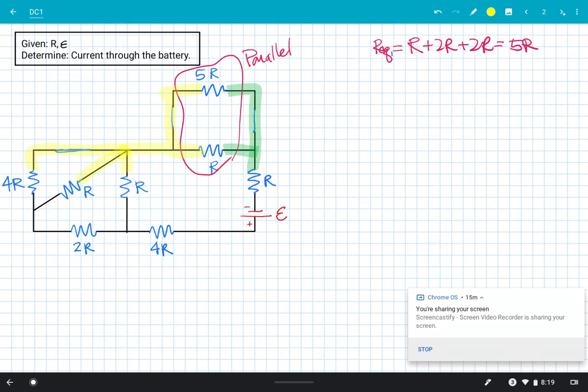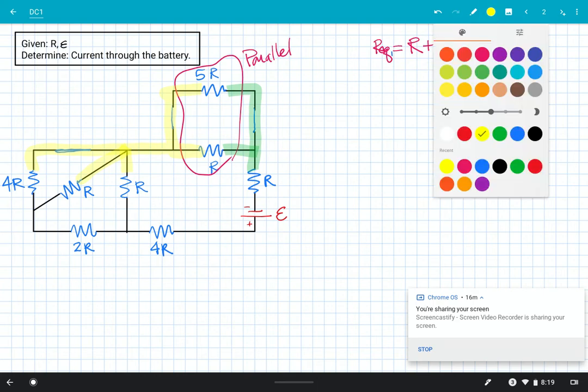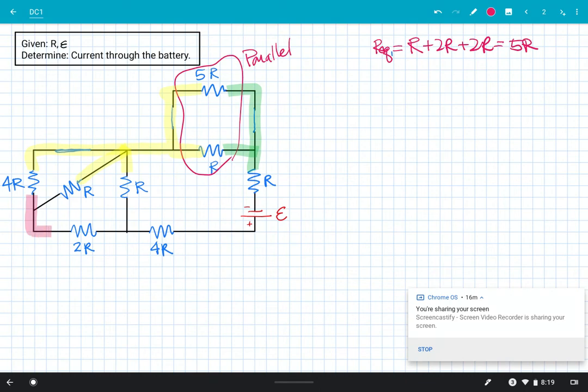That's a potential value, but we're thinking about it as elevation. If we're thinking about potential as elevation, then the way to consider these components, be they resistors or batteries, is as stairs, because they connect sections of different elevation. Regardless, this 5R and R resistor both go from green to yellow, so they are in parallel. Let me grab another color, and I'll shade this right here in. That shows that the 4R and R resistor are in parallel. They both go from yellow to pink.